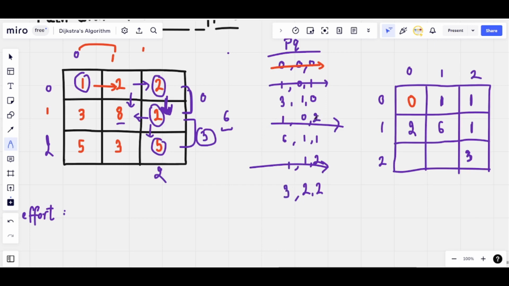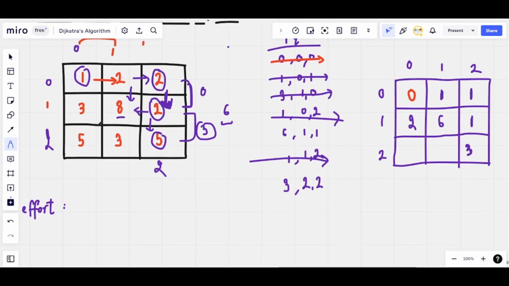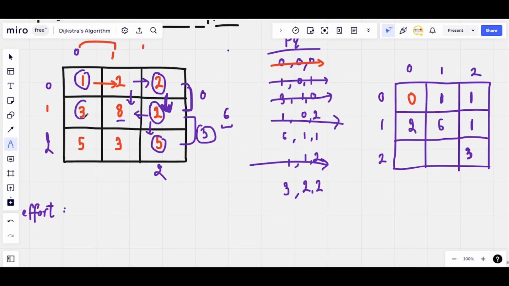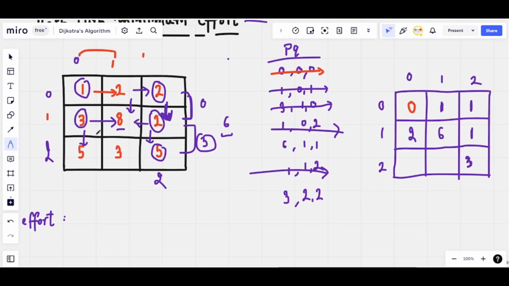Now from these 3 cells which we have in the priority queue, pick cell 1 0, and from cell 1 0 we can move to cell 1 1 and to cell 2 0. Now move to cell 1 1 and check the effort for this transition, which would be 8 minus 3, that is 5.